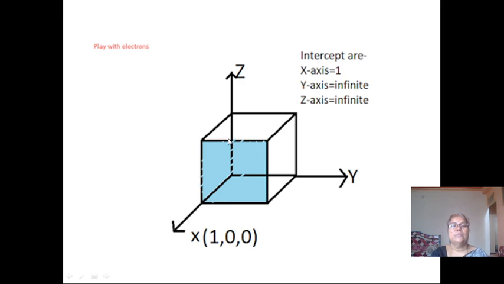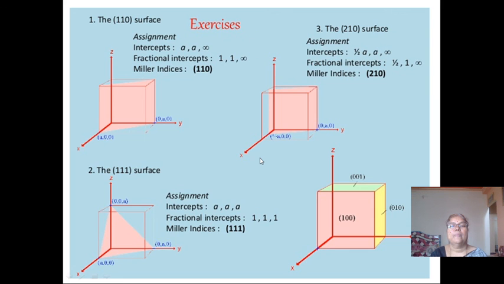See here, this is the 1 0 0 plane, and if we extend this here, this becomes a 1 1 0 plane, and if we join this point here and here, we have a 1 1 1 plane. Then see, here it is the 1 1 0 plane, here the 1 1 1 plane, and here the 1 0 0 plane.